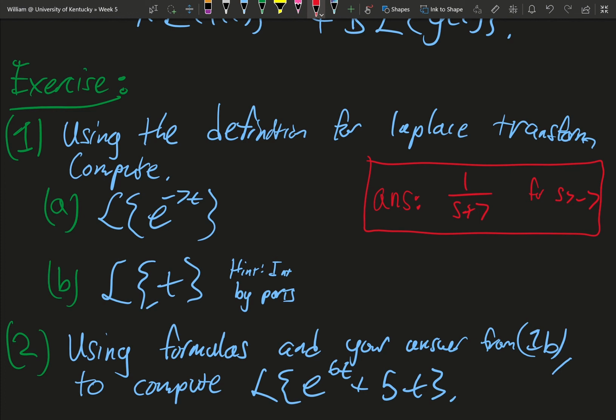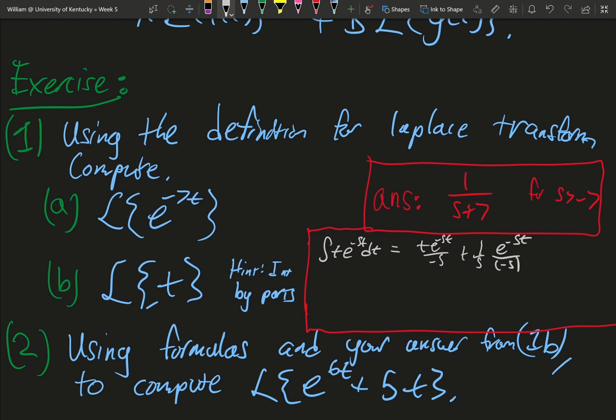For this one, I'll say a little bit more. What you should have gotten for your antiderivative of t e to the negative st dt was t e to the negative st over negative s plus 1 over s, from the integration by parts, e to the negative st over negative s.